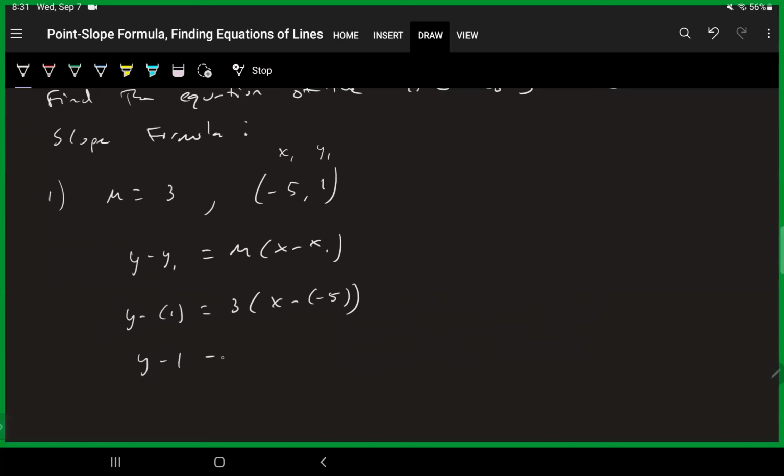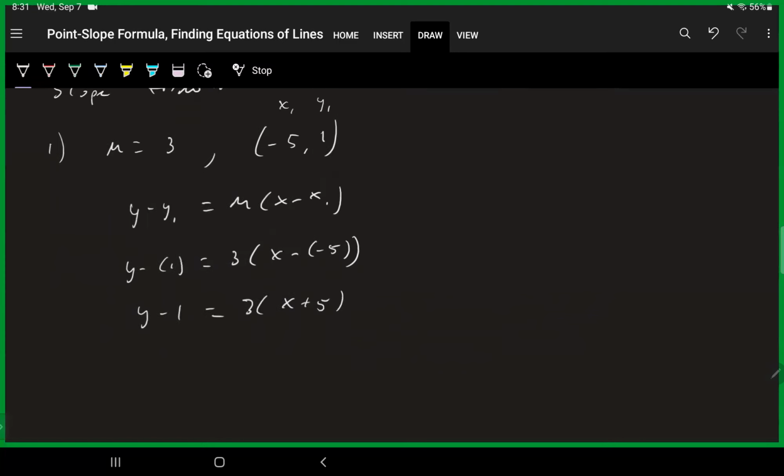Y minus 1 is 3 times x plus 5. Y minus 1 is 3x plus 15. And finally, y is 3x plus 16. And that is the equation of that line that has slope of 3 and passes through -5, 1.